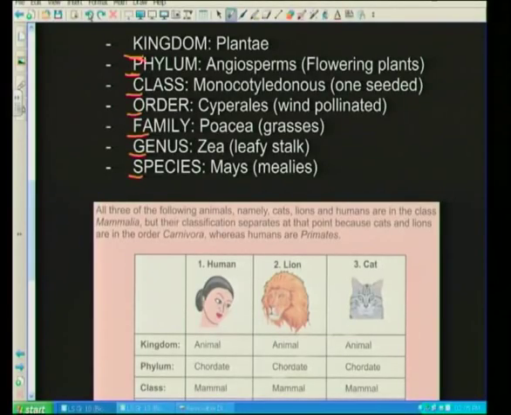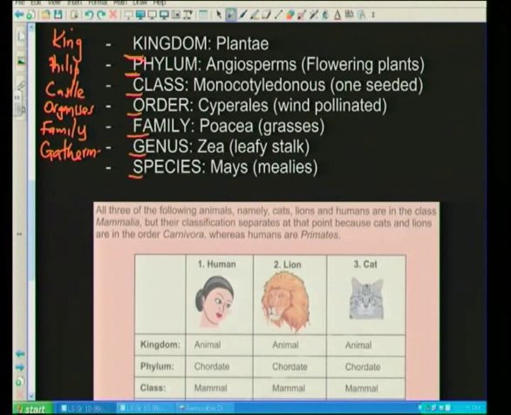Right, the first one. For kingdom, we can use the word king. For phylum, we can say Philip. King Philip, castle, organizers, family, gatherings, specialities.